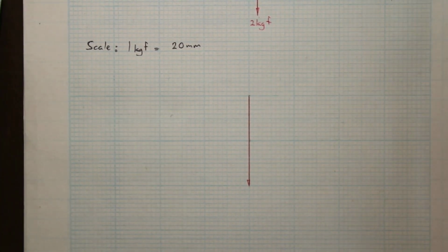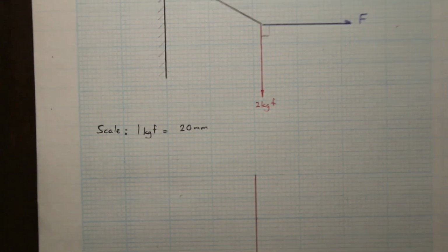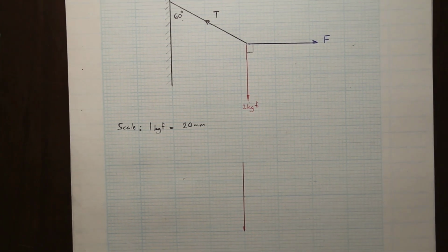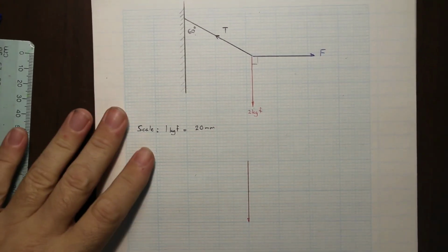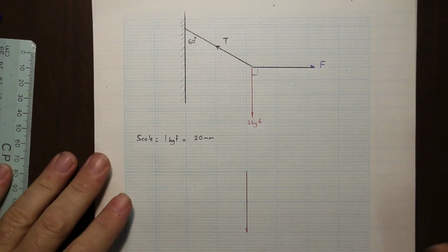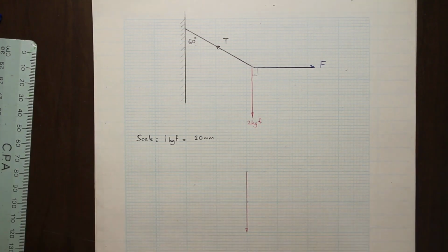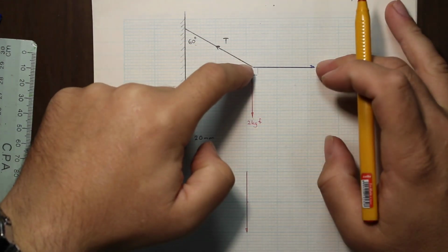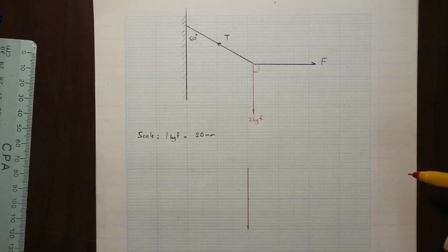All right. Now, what I need to do next is, so let me zoom out so you can see what I'm doing here. Okay. So now what I'm going to do is I am going to transfer. So this one is to scale, right? I'm going to transfer the two unknown forces to this force here.